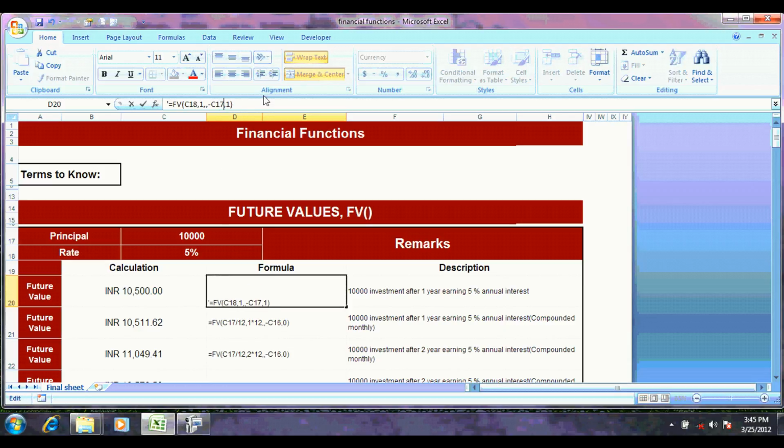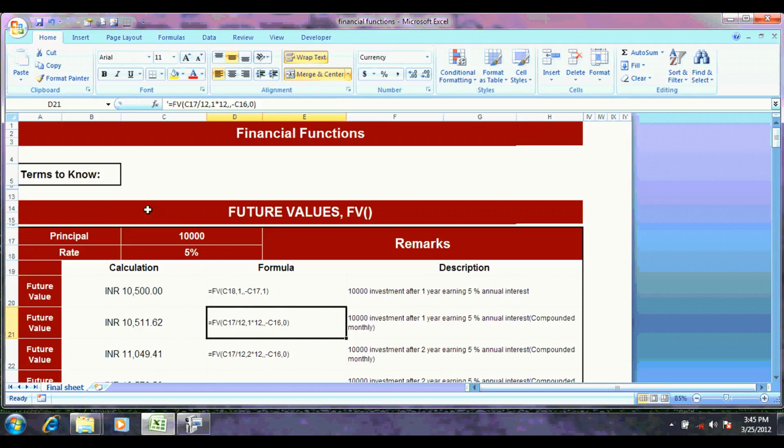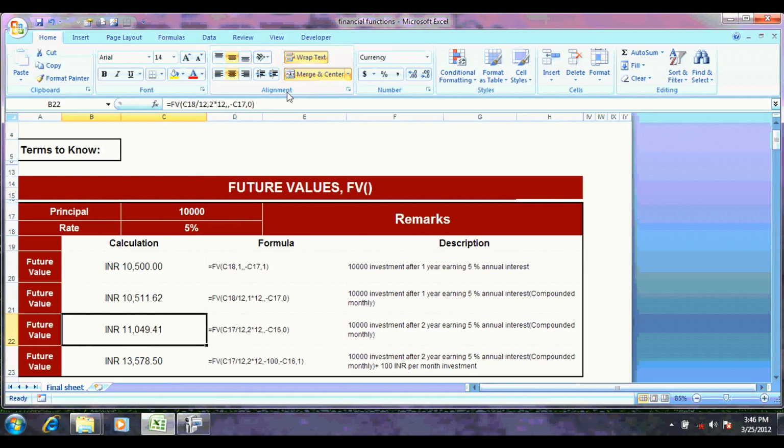In the same way over here it is C18 and C17. Yeah, now it is fine. I think the same issue has happened for all the examples. Anyways, not an issue.